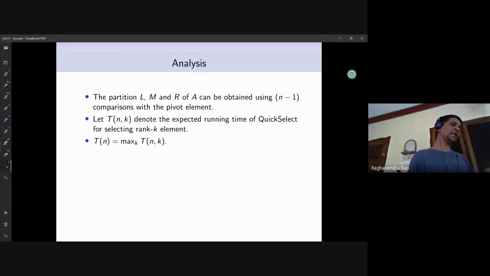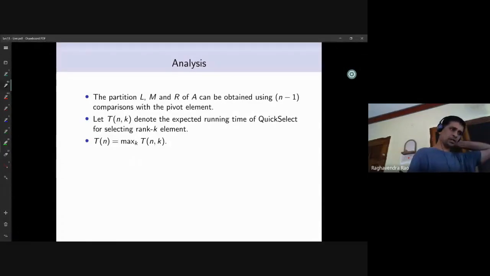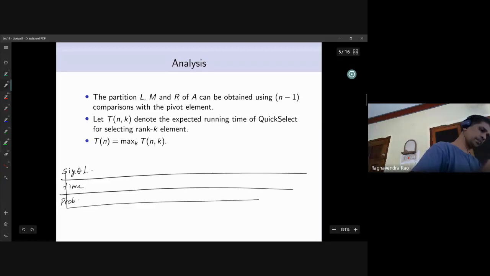In addition to the n-1 comparisons, let's see what the possibilities are. We'll just tabulate it. It's easy. So we list the size of L, the time, and the probability. Let's write it as a table.